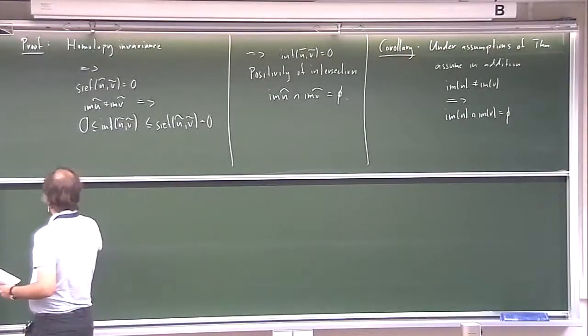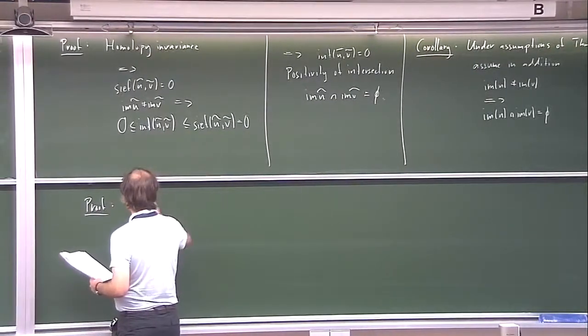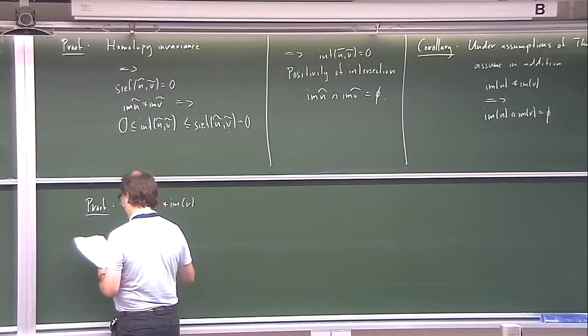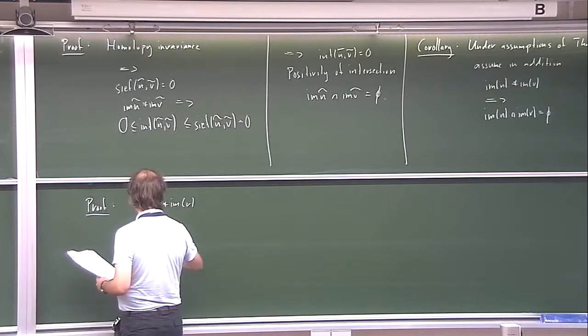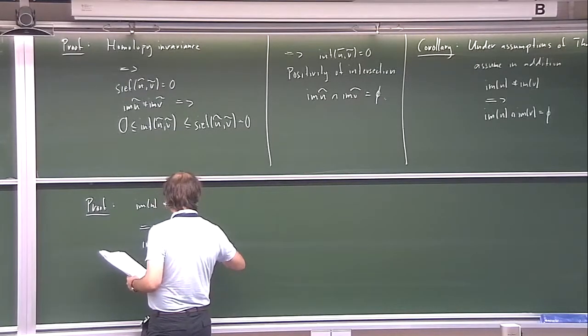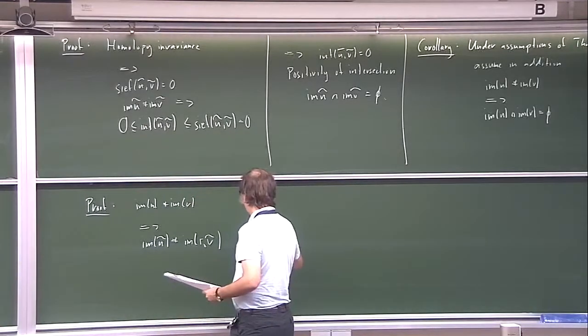And the proof is: because the image of u is different from the image of v, we get that the image of ũ is different from the image of the R-shift of ṽ for all R in the reals.